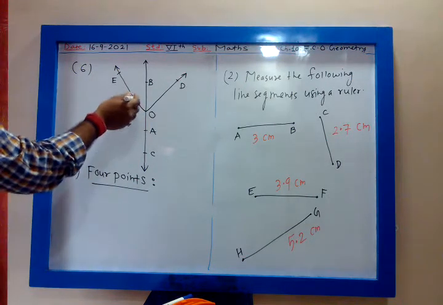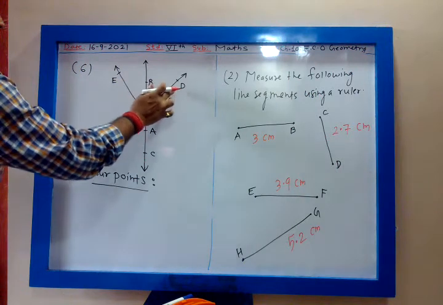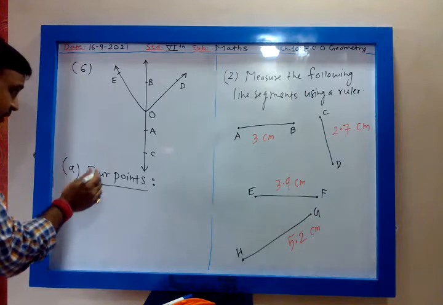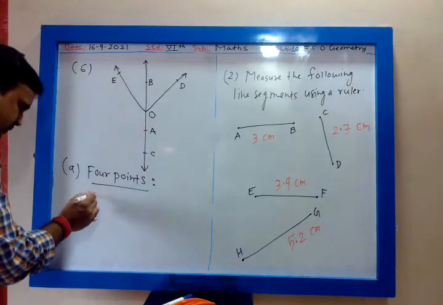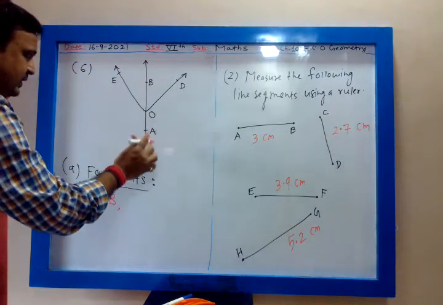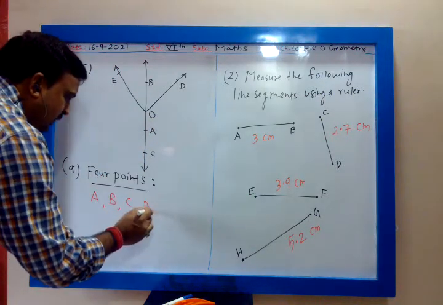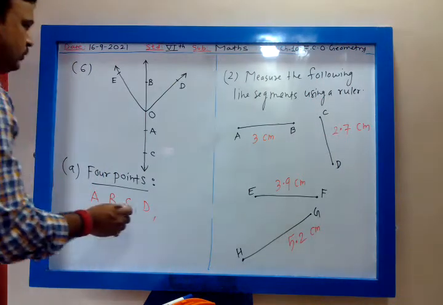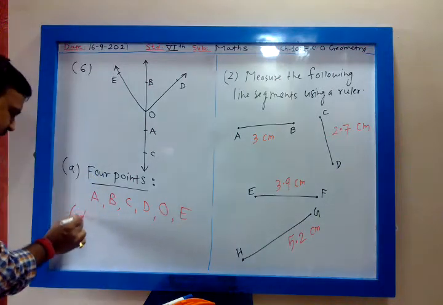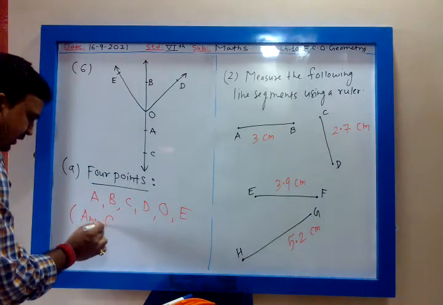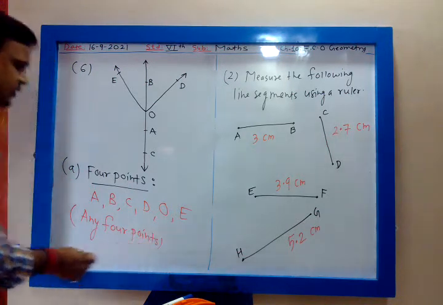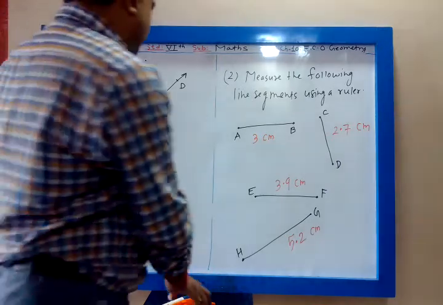Okay, total how many points are there? E, B, D, O, A, C. What are the points? You can write A, B, C, D, then O, E. Okay, any 4 points you can take out of this.